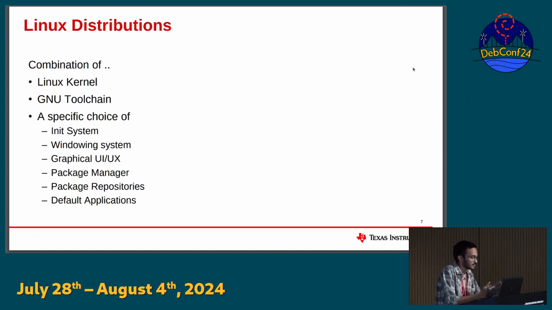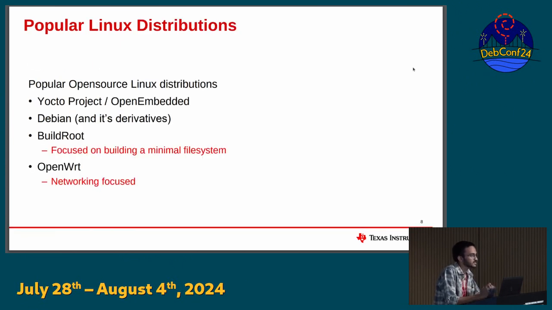When it comes to embedded Linux, these are the popular choices that we have. Yocto is a widely used and well supported Linux distribution. It's not actually a Linux distribution, it's a distribution builder. Each SoC vendor or platform vendor has their own version of a Yocto Project based distribution.